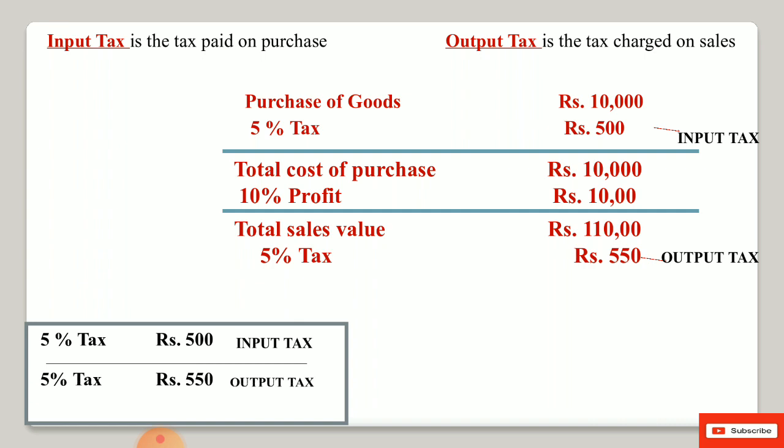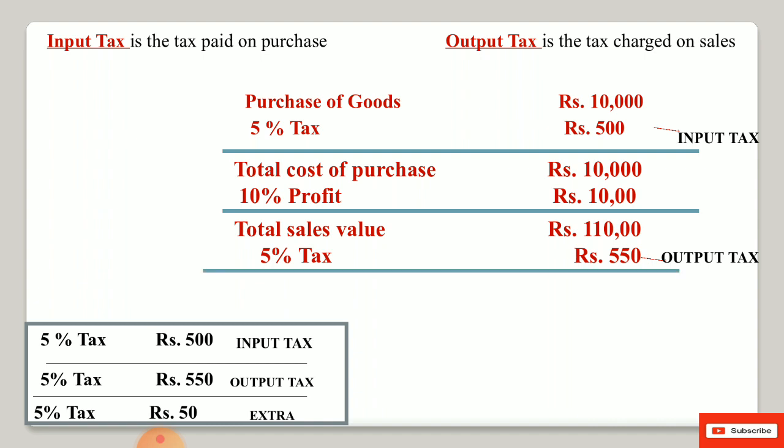Now if we deduct input tax from the output tax, there are 50 rupees extra, and this extra 50 rupees we will have to pay to the government in the form of tax. So friends, here your purchasing cost was rupees 10,000, on which you paid tax at 5%, that was rupees 500.